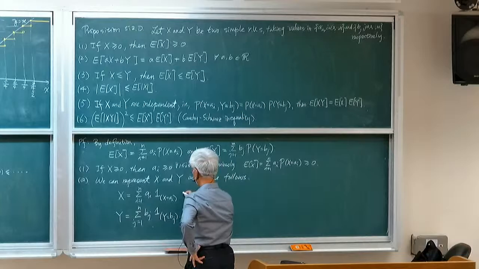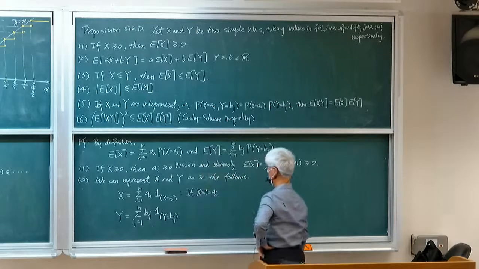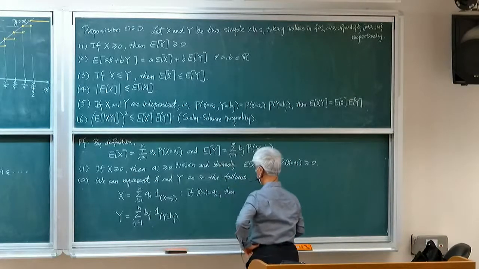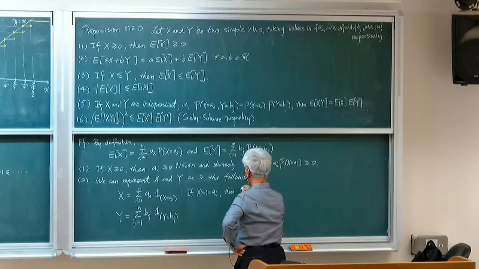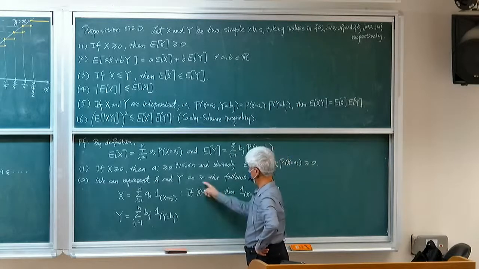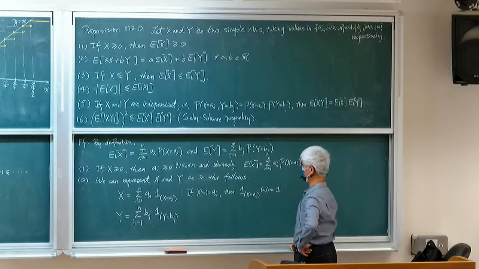The reason is this, so let me explain. If X of omega is equal to ai, then the indicator of X equals ai at omega is equal to 1, because this event occurs.